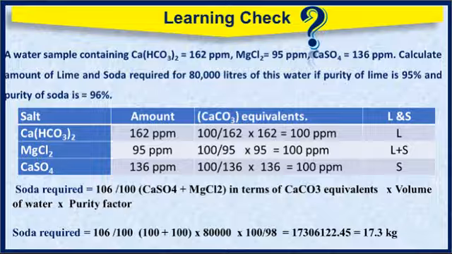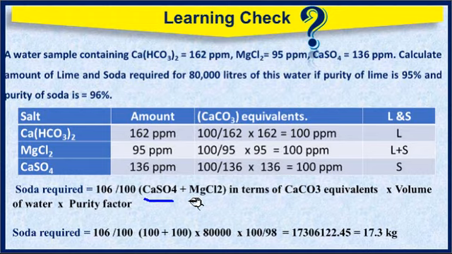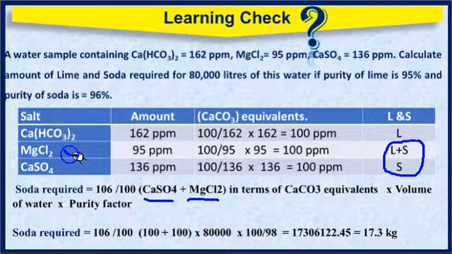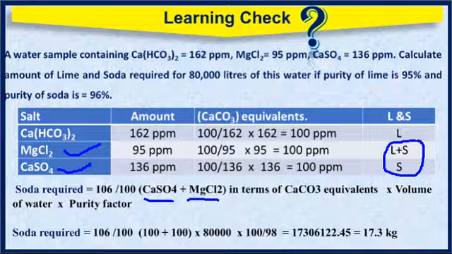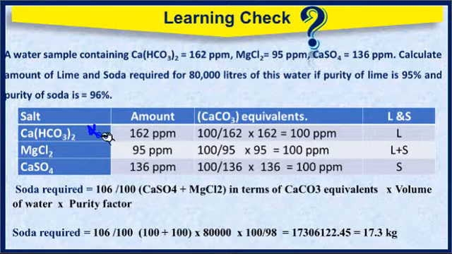So requirement of soda. Soda requirement is equal to 106 by 100 bracket calcium carbonate equivalent of calcium sulfate and magnesium chloride. See here, soda is written only in these columns. Magnesium chloride requires soda, calcium sulfate requires soda. We know that calcium bicarbonate does not require soda.